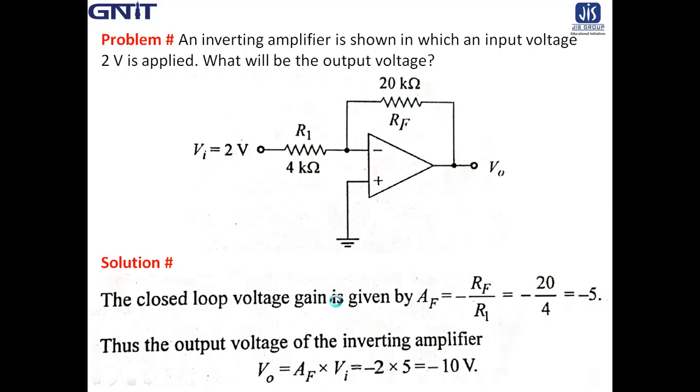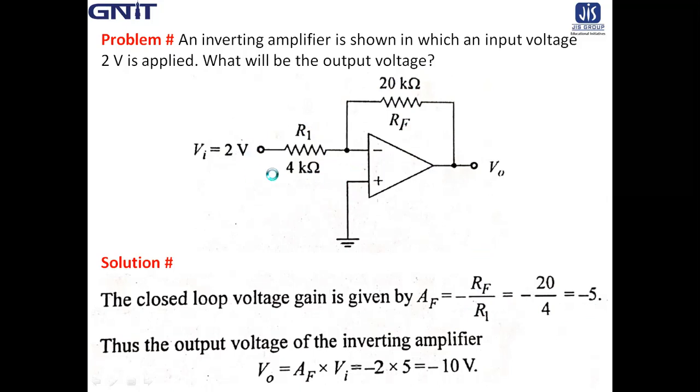First, you have to calculate the voltage gain. So for inverting amplifier, see, non-inverting terminal is grounded. So it is called inverting amplifier. And the gain of the inverting amplifier is minus Rf by R1. So minus Rf by R1, that means 20 by 4 is minus 5.